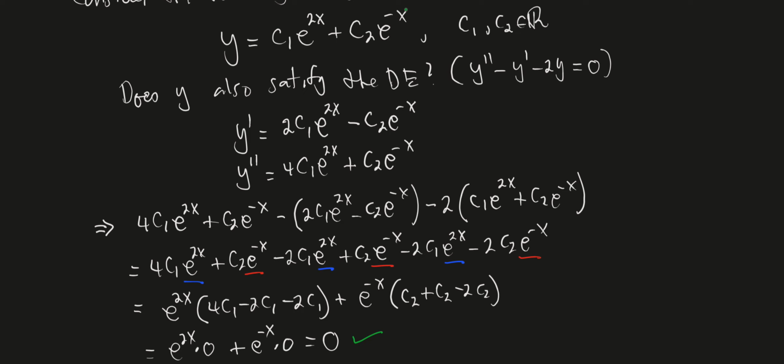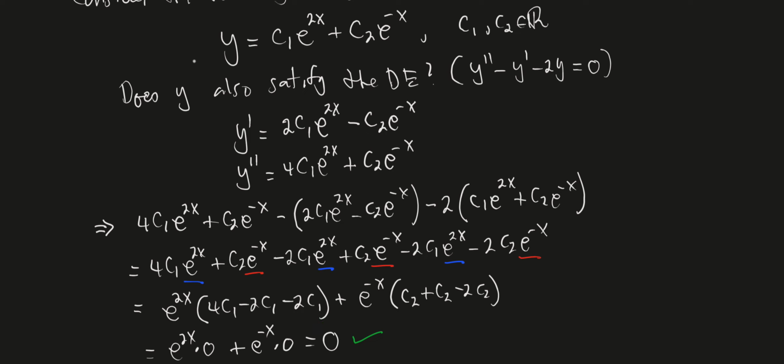But now we formed this linear combination which represents infinitely many possible functions, because I can have any constant here and any constant here, add them together, and it turns out I still have a solution to the differential equation.